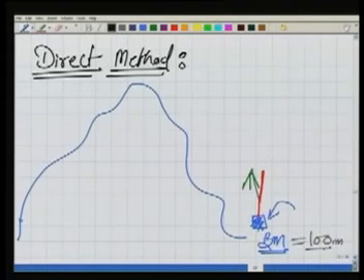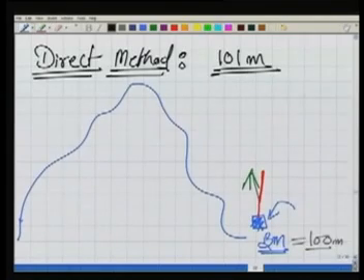Now if it is 100 meter and our purpose is we want to plot a contour of 101 meter. So benchmark is 100 meter. We want to locate the points on that hill, on that hillock, which are 1 meter above our benchmark, or all those points on that hill which have an RL of 101 meter. Okay, so how we locate it?